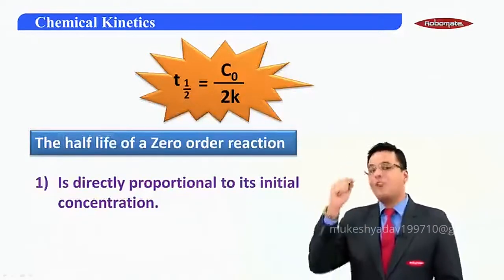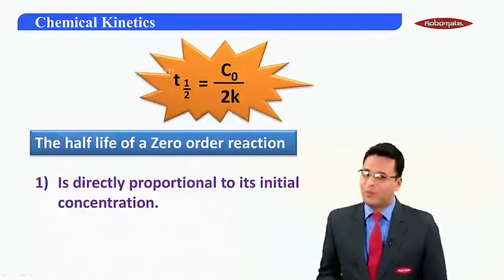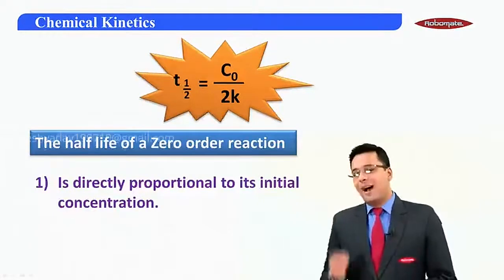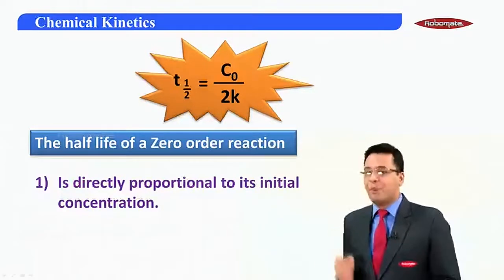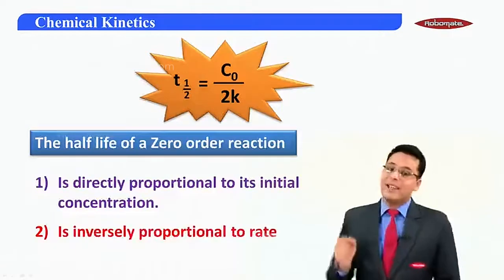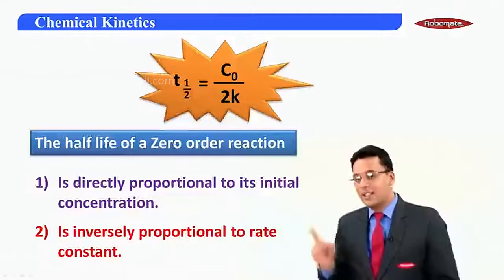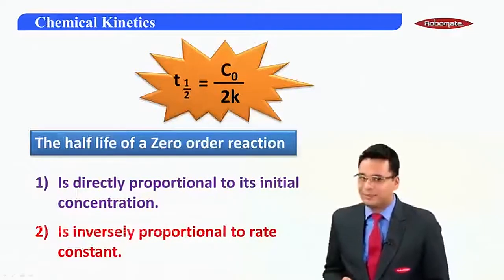So if C naught value is more, t half value will also be more. Half-life is also inversely proportional to the rate constant, since the rate constant is in the denominator.